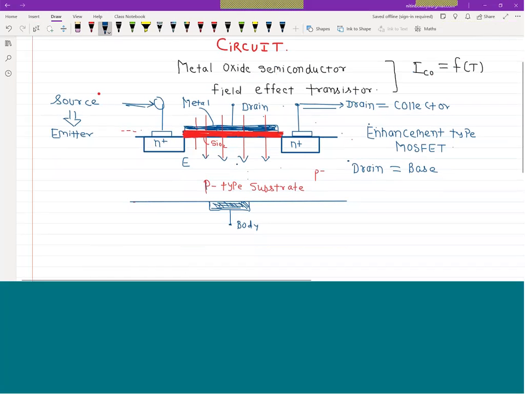So what is the idea? The width of the channel is modulated by an electric field perpendicular to the channel.